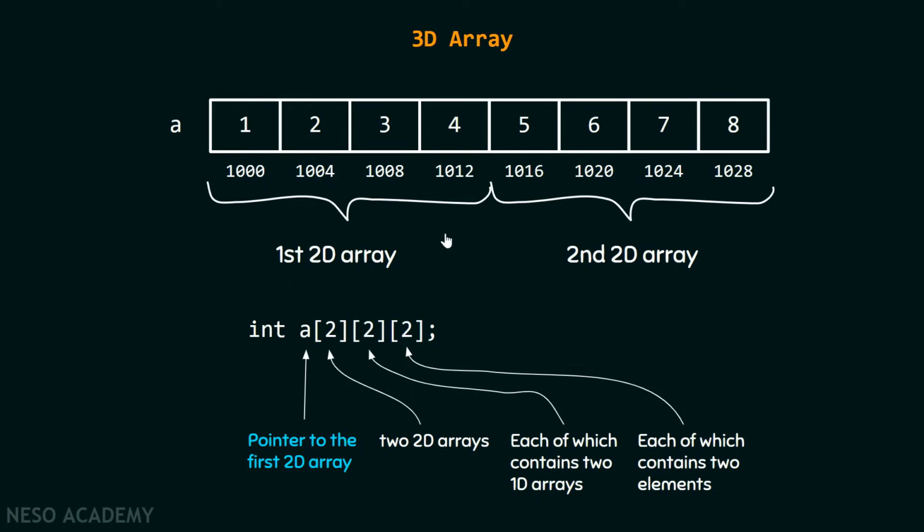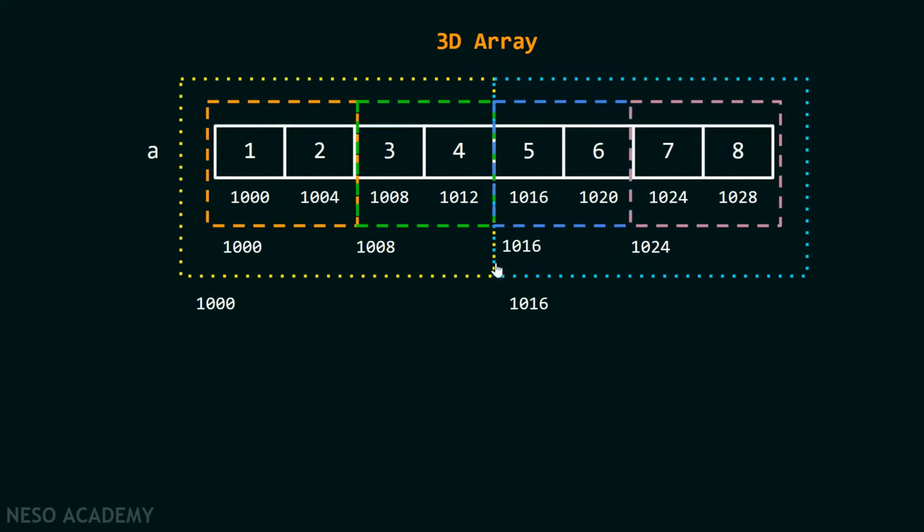Now, again, in order to understand the address arithmetic, we have to draw our imaginative boxes around them. And here is the picture of those imaginative boxes. This outer region indicates a three-dimensional array. This yellow box indicates the first two-dimensional array, and this blue box indicates the second two-dimensional array.